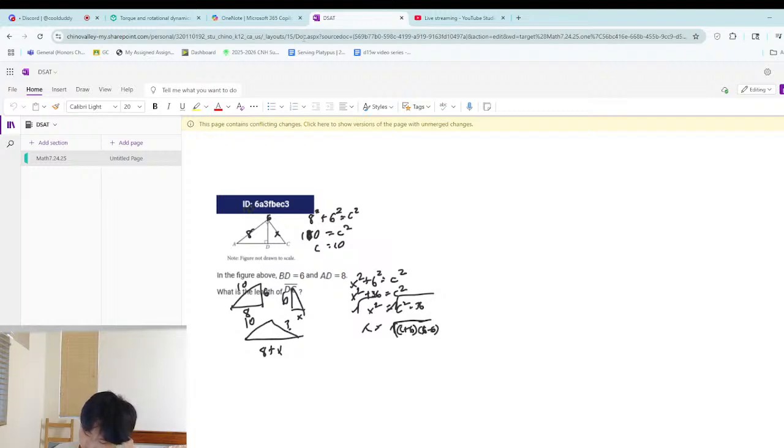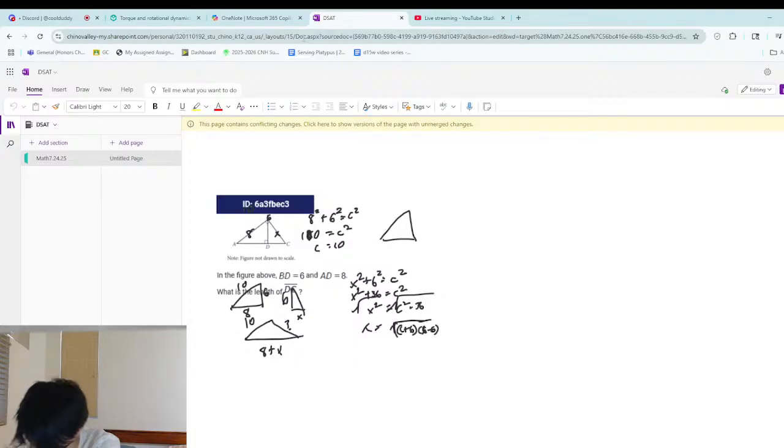Yeah, I think the only way you could solve this is through proportions. So if we do have this line, we have this: 6 over 8 is equal to x over 6. So x is 4 and 1/2.